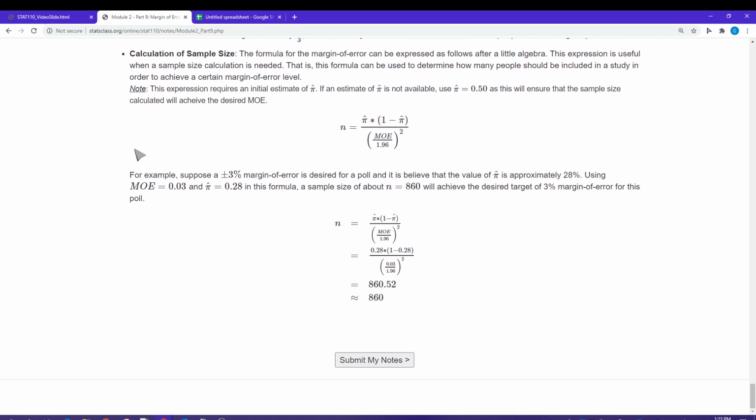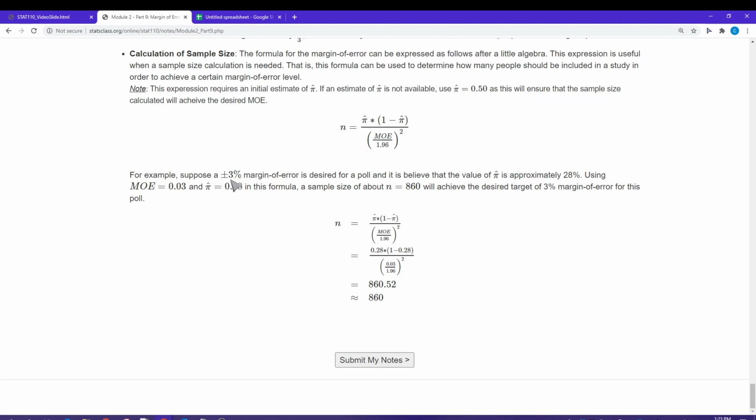The last thing I'll mention is that sometimes that margin of error formula is rewritten in the following structure. So this is exactly the margin of error formula. It's just that I've rewritten it as n equals this quantity. Now the reason we do this is because sometimes people want to predetermine what their margin of error might be.